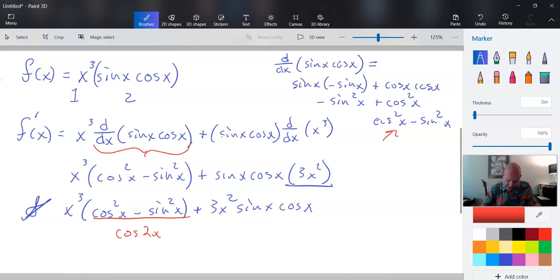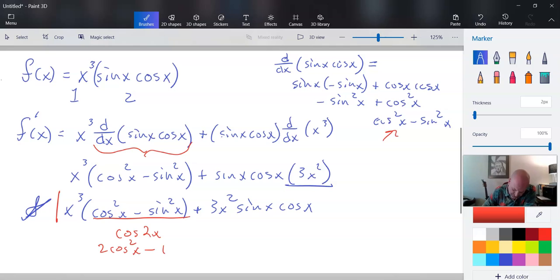I could also rewrite this as 2 cosine squared x minus 1. And there's another identity in there too: 1 minus 2 sine squared x. Depending on what you need, you may want to substitute some of those.